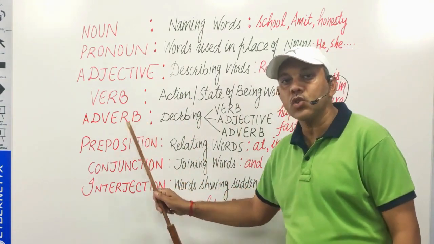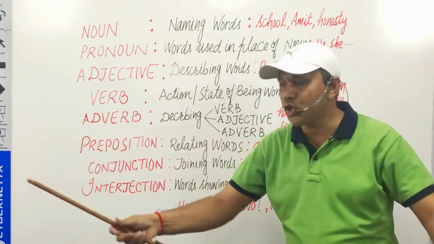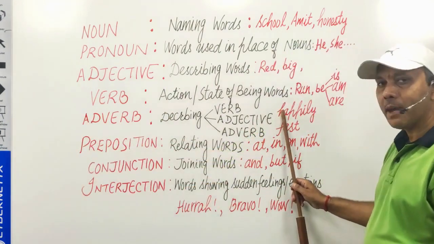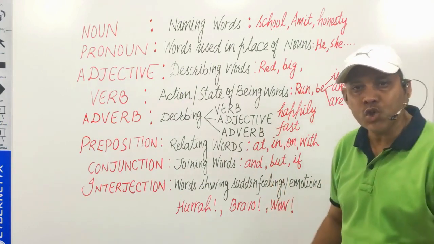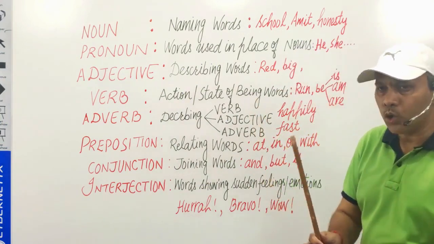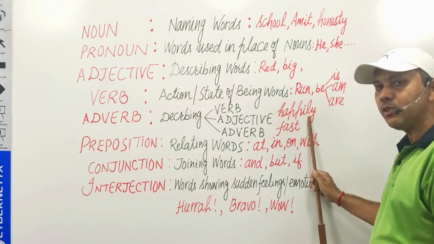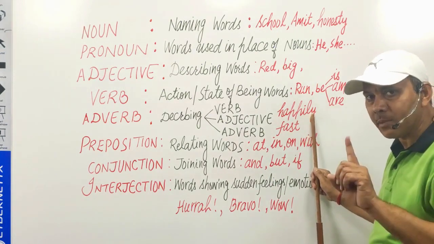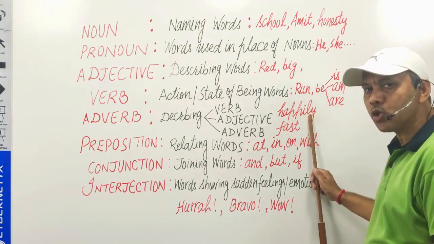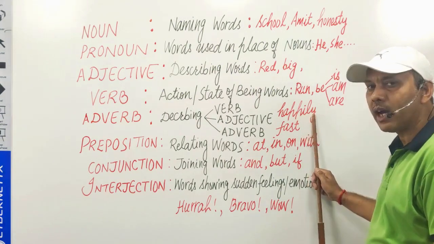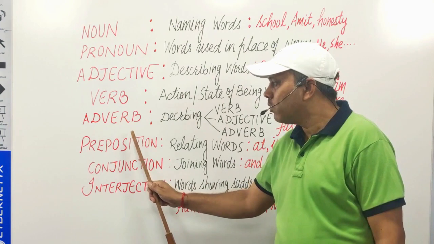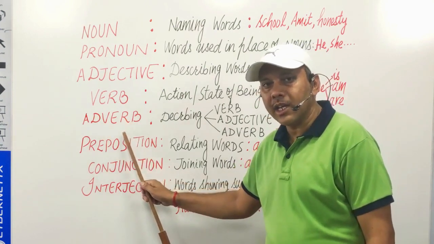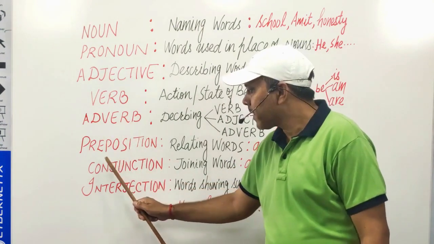Sometimes an adverb describes the whole sentence too. For example, happily, fast, consequently, fortunately. Almost all the words ending with ly, not 100%, but usually most of the words ending with ly are adverbs in a sentence. We will discuss in detail later.